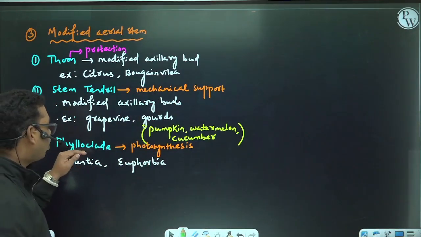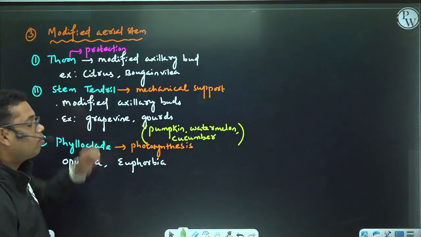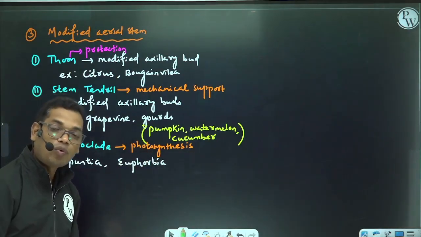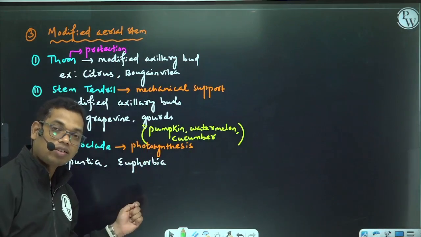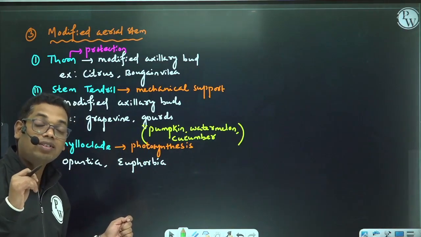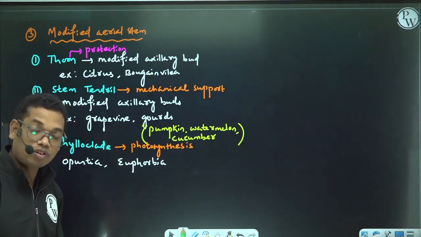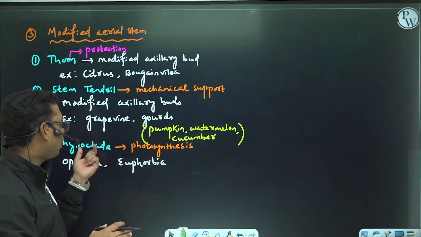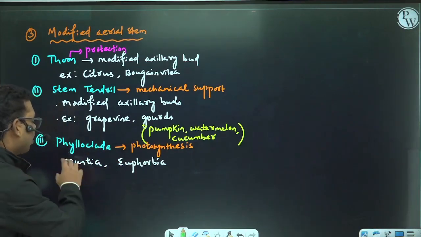So the phylloclade is a modified aerial stem meant for performing photosynthesis. Why? Because in such plants, the leaf becomes modified to form spines, and spines are non-photosynthetic. So the function of leaf will now be carried out by the stem, and such stems are called phylloclade.